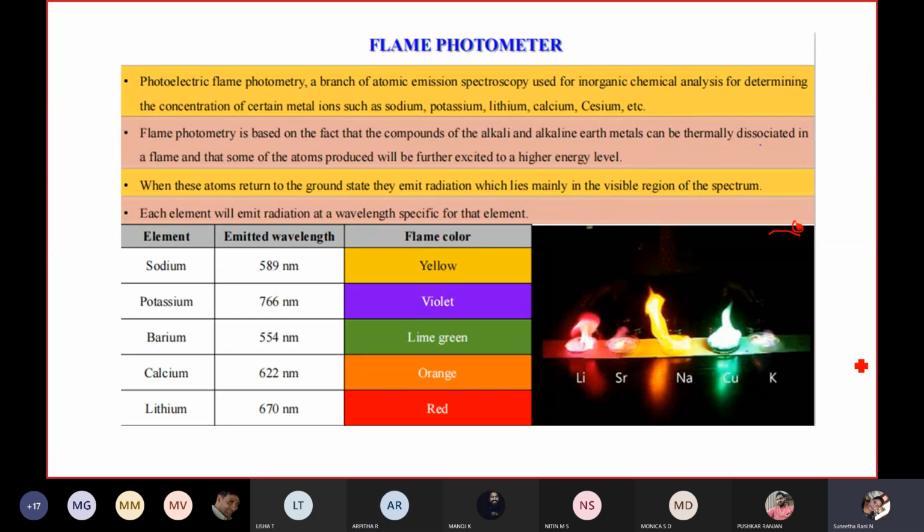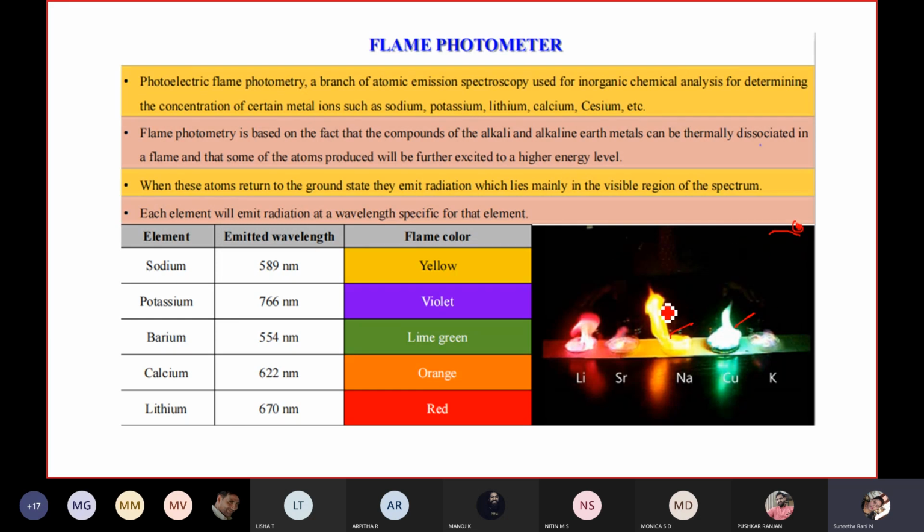Yes, ma'am. So you might have observed apple green and blue color, strontium brick red color, crimson red color when you keep it in the flame, correct? So through observation, you can see the compound gives different color.